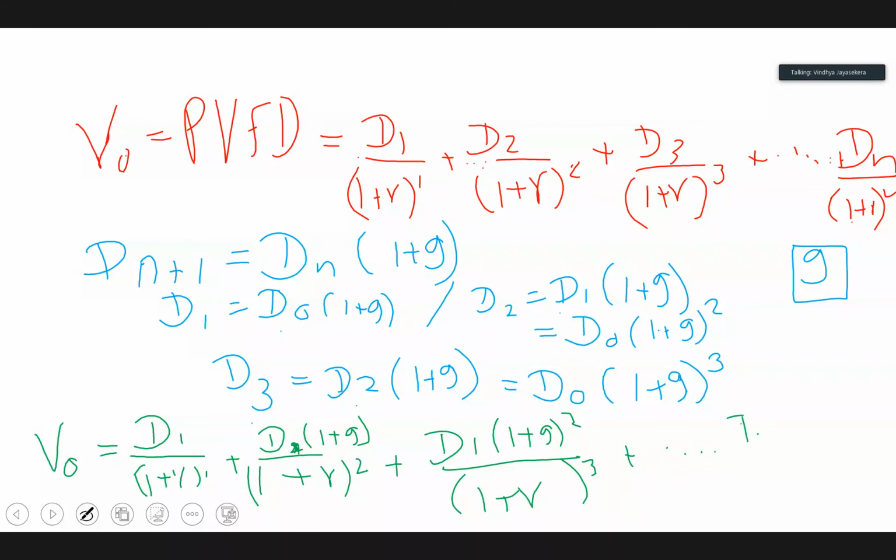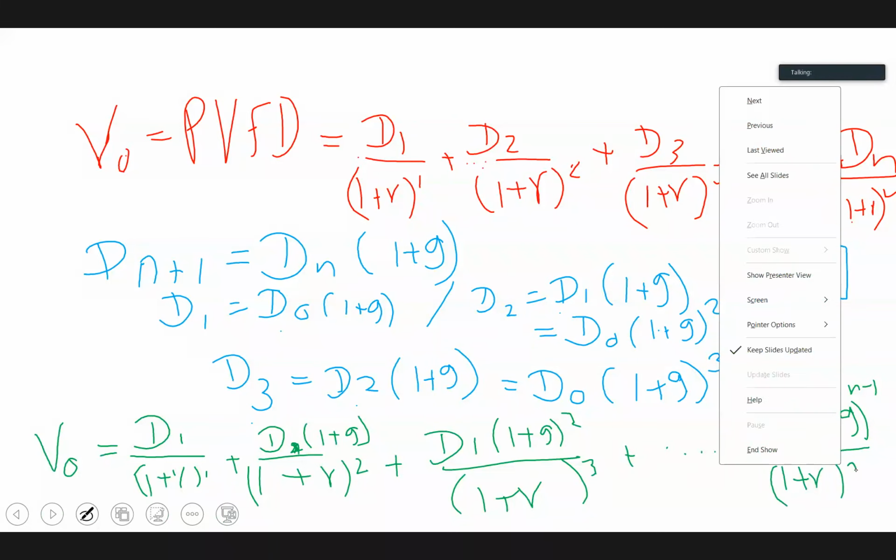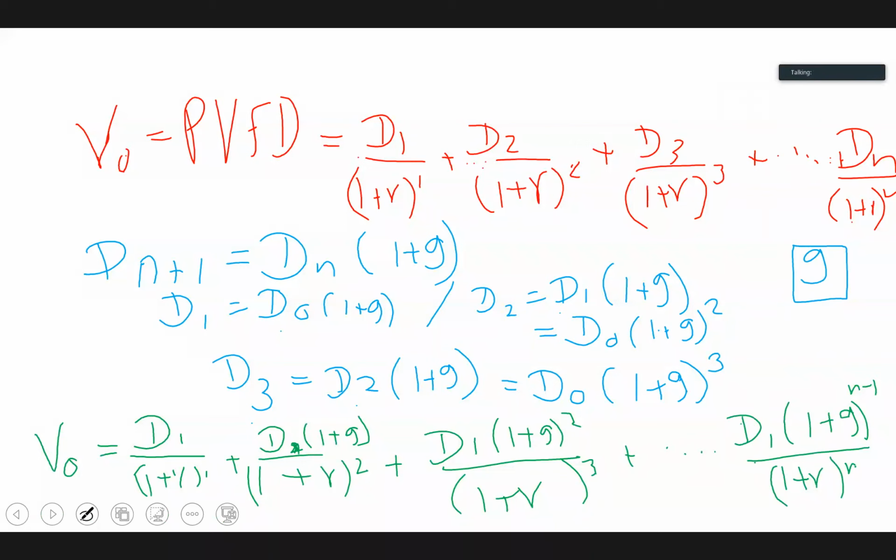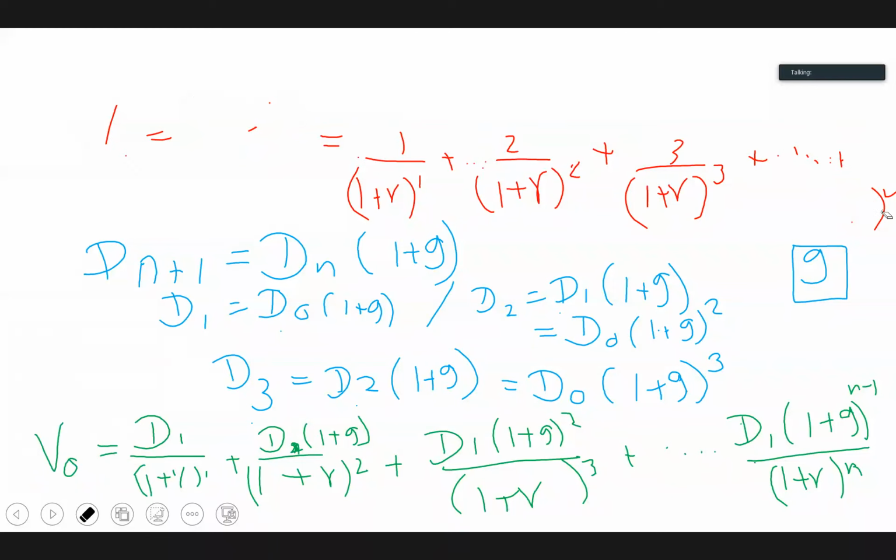And Dn is D1 into 1 plus G to the power n minus 1 discounted to today. So what does this do? You can see that there is a common factor here.